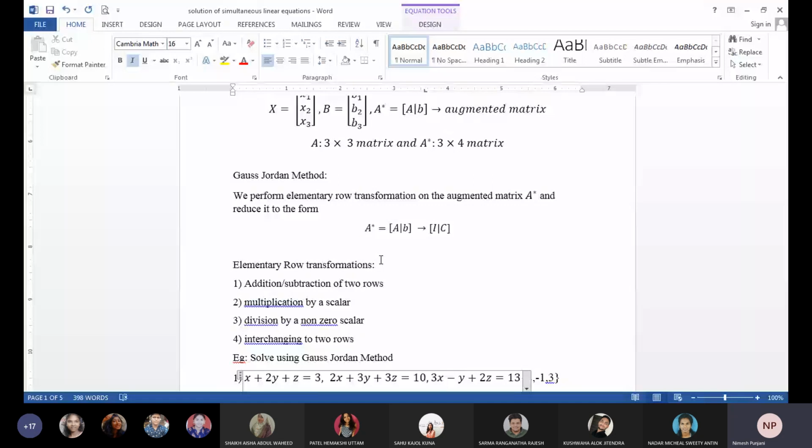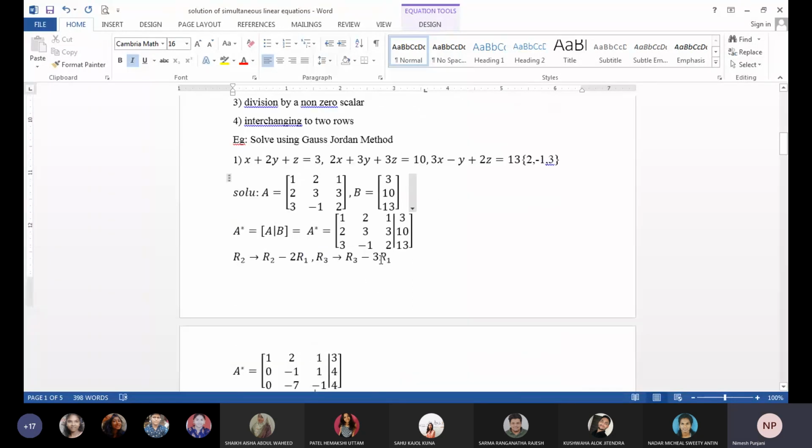We can multiply by a scalar, we can divide by a non-zero scalar. Here for division that non-zero is important because we cannot divide by 0. Then we can interchange two rows. These are the valid row transformations. Using this we have solved some examples of Gauss-Jordan.